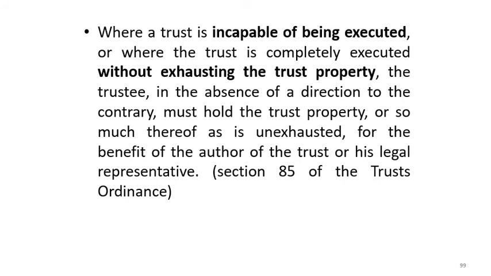Where a trust is incapable of being executed, or where the trust is completely executed without exhausting the trust property, the trustee, in the absence of any directions to the contrary, must hold the trust property or so much thereof as is unexhausted for the benefit of the author of the trust or his legal representative.